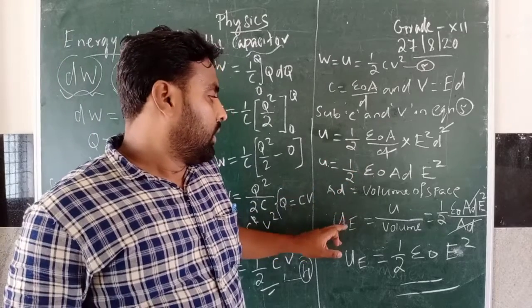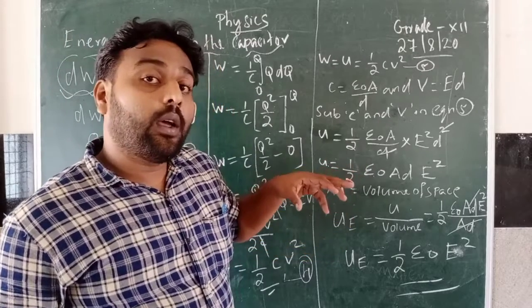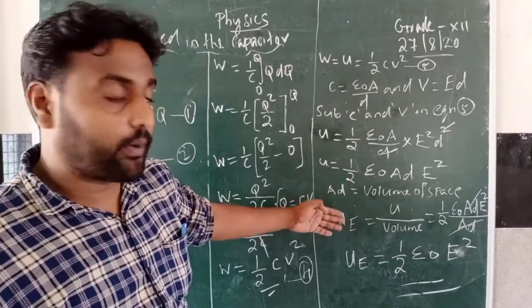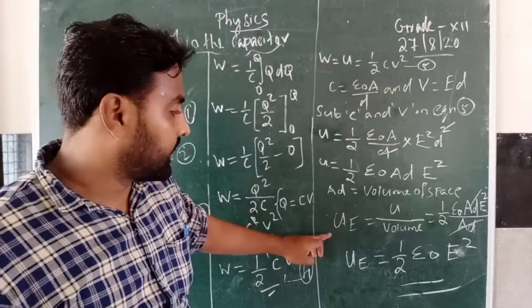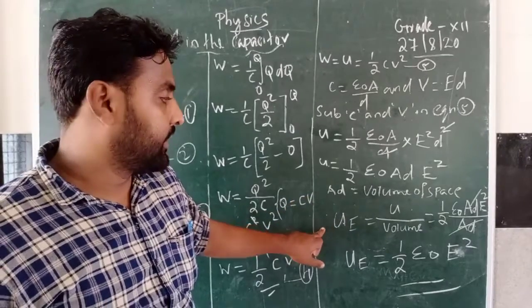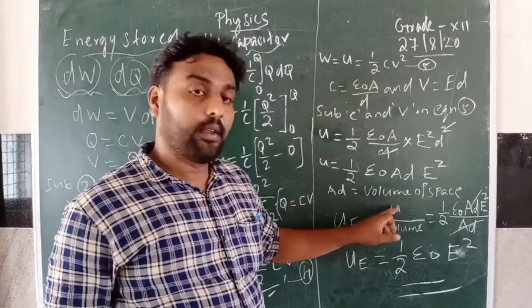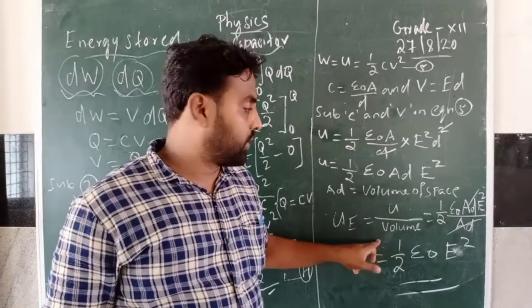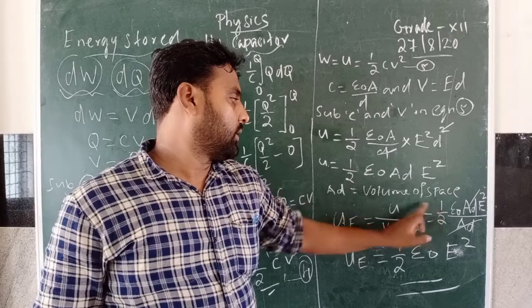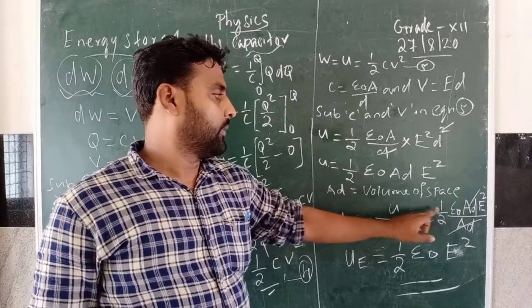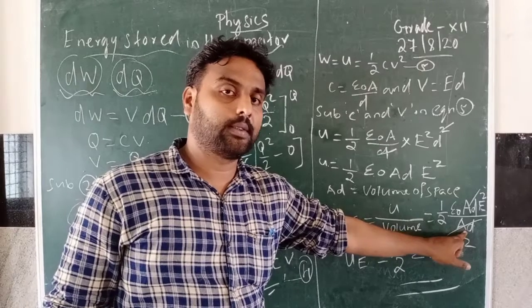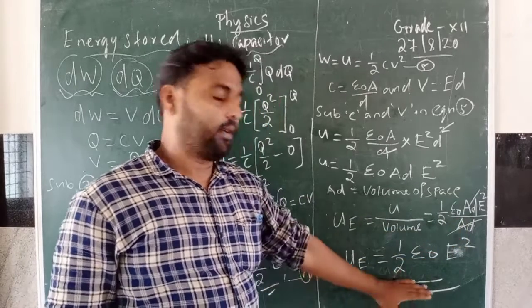Where is it stored? That is what we are finding. UE means energy density, energy per unit volume. Volume is area into distance, so AD cancels and we get this.